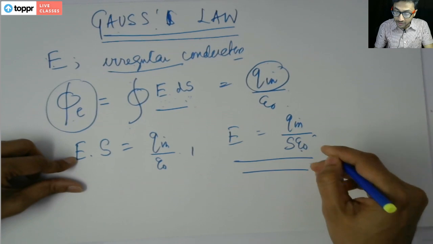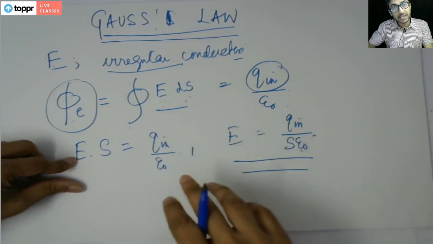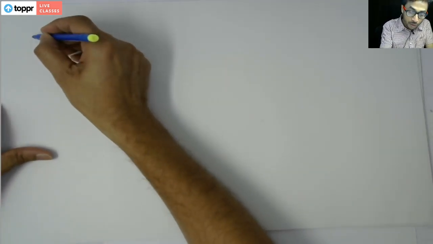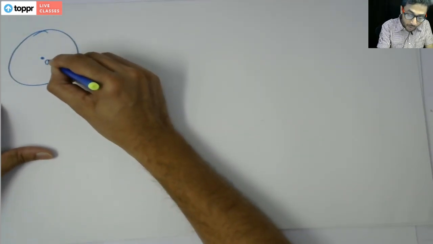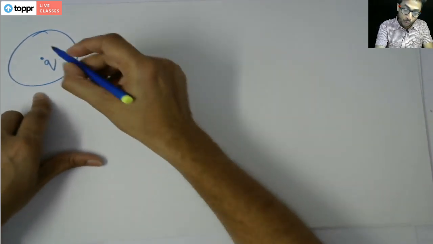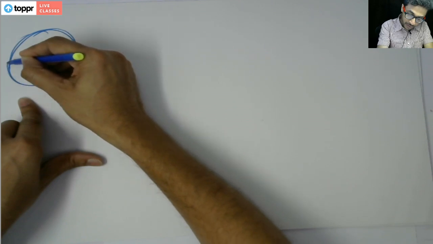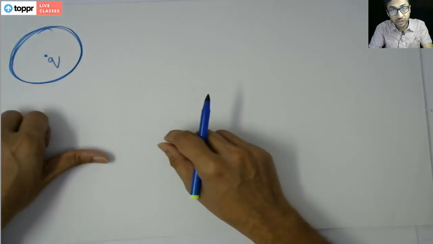Now this concept we can use to find the electric field for any kind of charge distribution, such as, first, a point charge Q. Let us assume a Gaussian surface, which for simplicity is a sphere around this point charge Q.